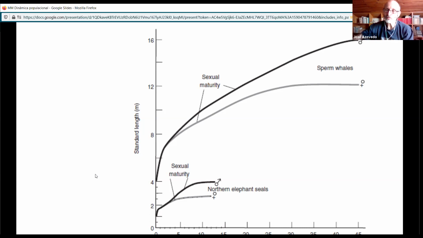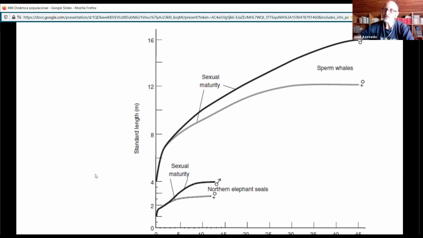This is not common to all marine mammals. It happens in marine mammals where you also have this dimorphism, where you have big males and smaller females. And it means that in some way, males in these dimorphic species delay their sexual maturity.